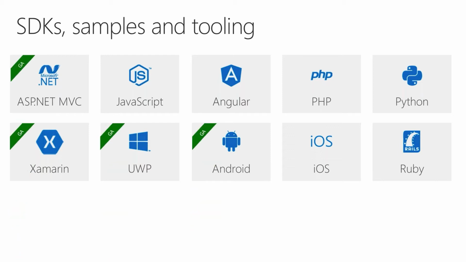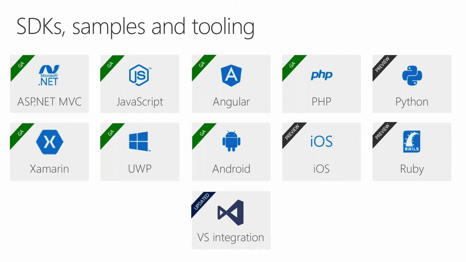So a number of these SDKs are now generally available, as you can see here, and a number of them are still in preview that we're working on. So the iOS and the Ruby and the Python ones are still being iterated on, and we're taking feedback, but they are available for you to get started and take a look at and give us feedback on. There's also a direct integration in Visual Studio for connecting to Microsoft Graph and doing a little bit of modeling through that, but honestly, graph.microsoft.com is also a great tool for that as well.